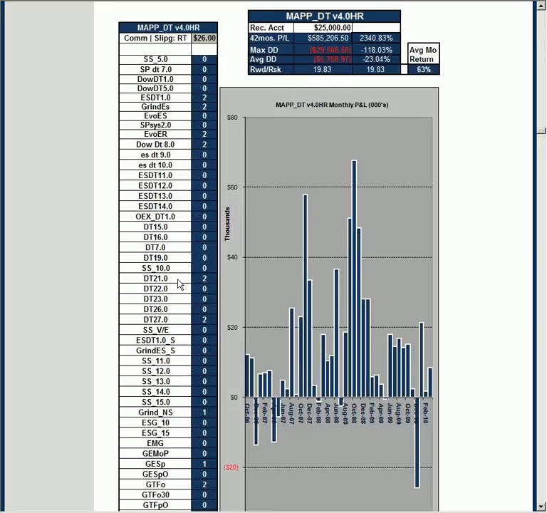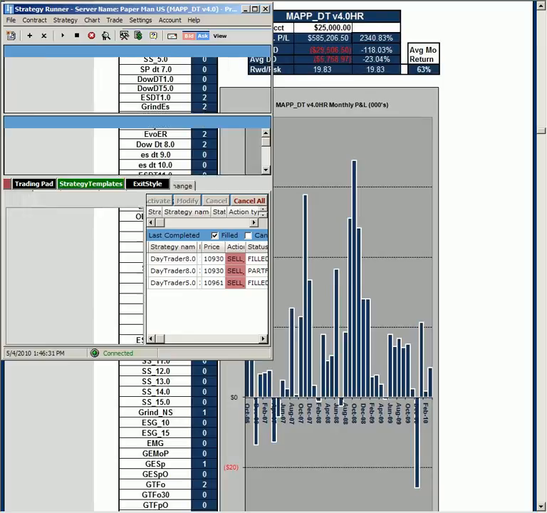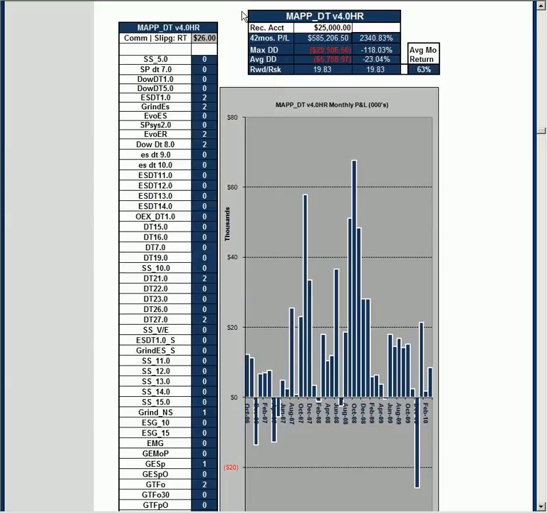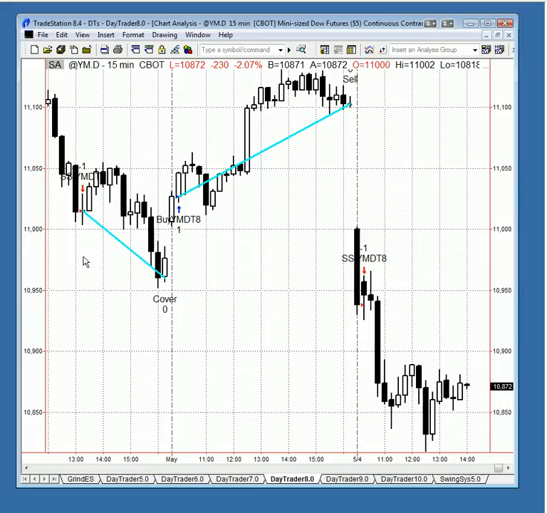Actually, look at that. We've added the 21.0 into the MapDT version 4.0 HR. So I don't even think those returns are included in the 21.0, but you can actually see, we just highlighted that the 21.0 is doing very well as well.